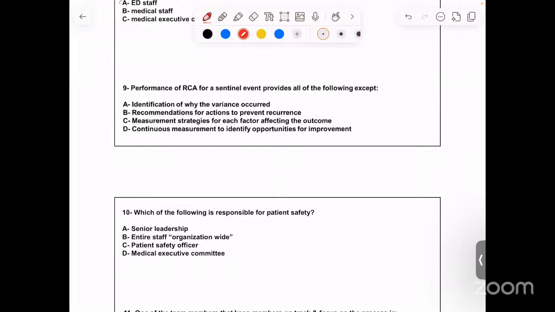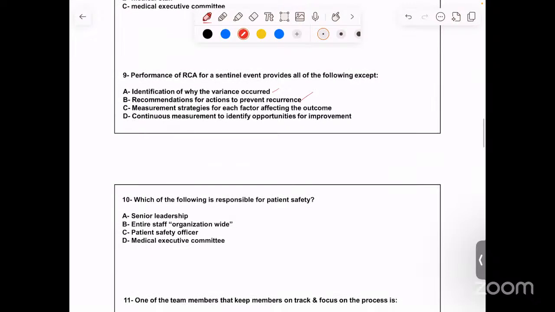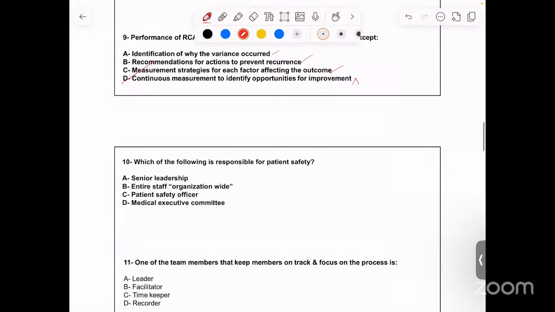Identifying variation in causes, yes, this is true. What about B, recommendations for actions to prevent recurrence? Yes, this applies to RCA. Letter C, measuring the strategies for each factor affecting outcome, yes, this applies also. What about letter D? Continuous measurement to identify opportunities for improvement is wrong, because RCA is reactive, not continuous. So this is the answer for number 9.